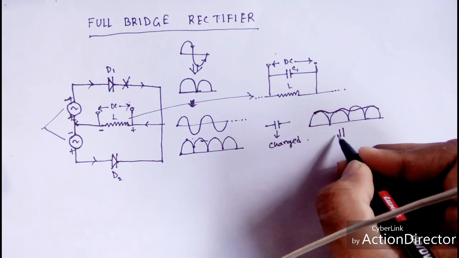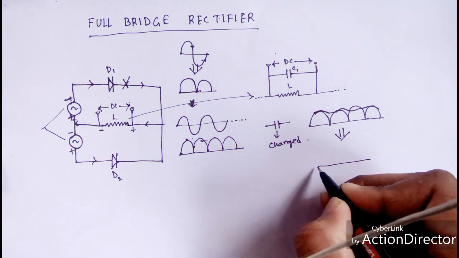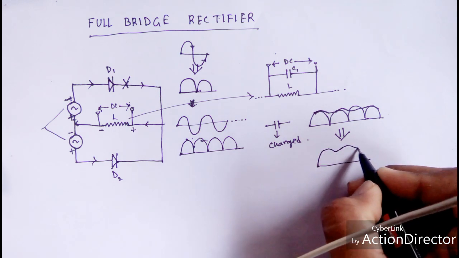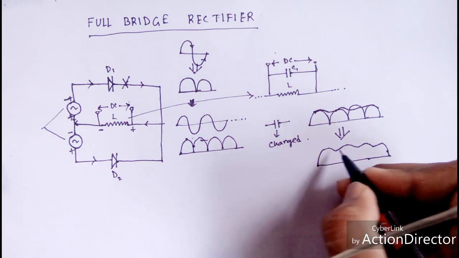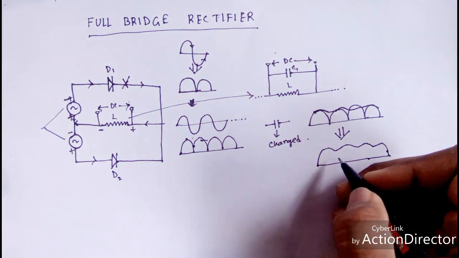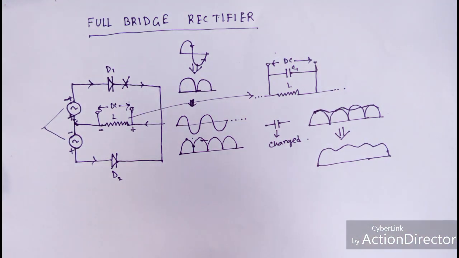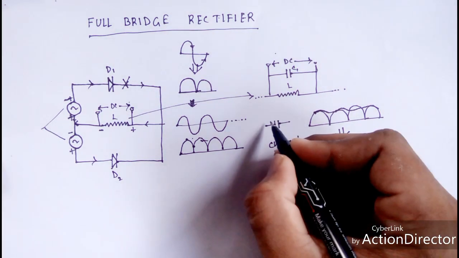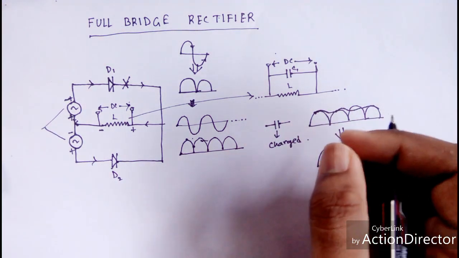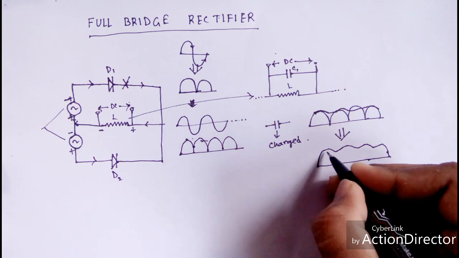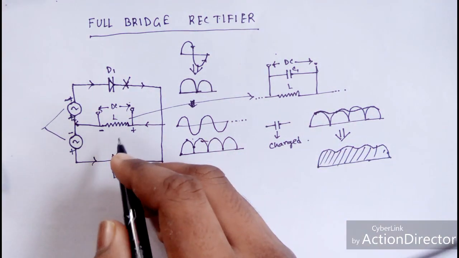So the rectified DC output will be like this. You can see that the ripple is very much lowered, but still there is some ripple, but we can consider it as negligible. So as the capacitor charges, the flow is stabilized and the ripple is lowered. So we can get a DC from AC like this.